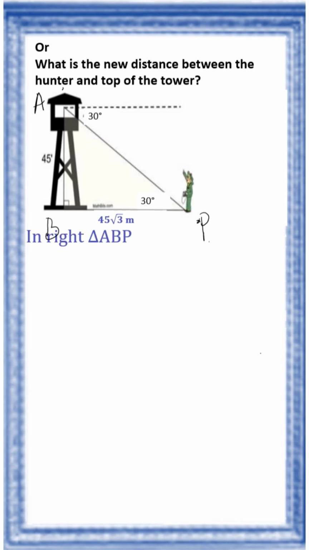Cos 30. Let us use cos 30 because we know this one. We have to find this one. Cos is adjacent side by hypotenuse. So cos 30 is equal to adjacent side BP, hypotenuse is AP.